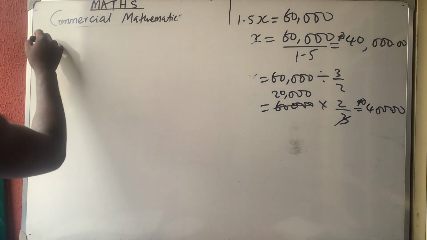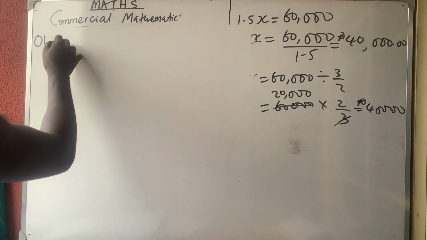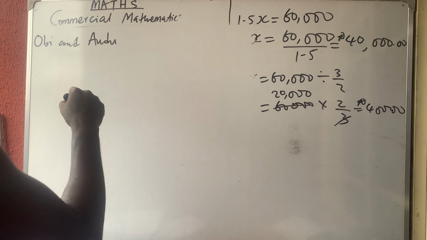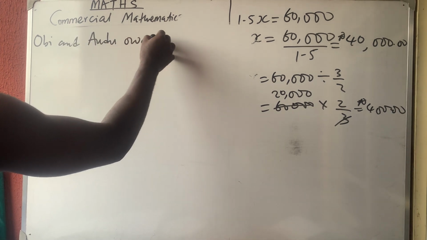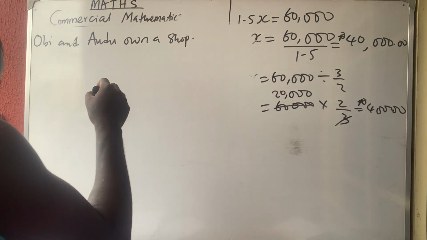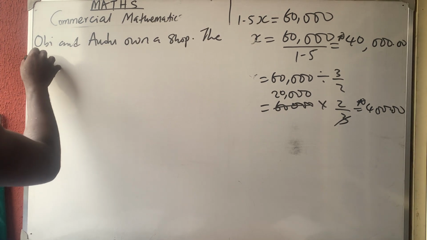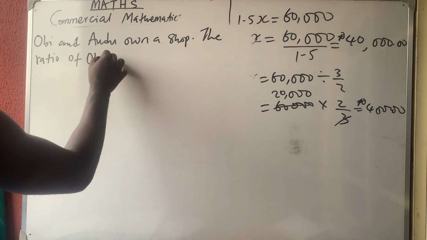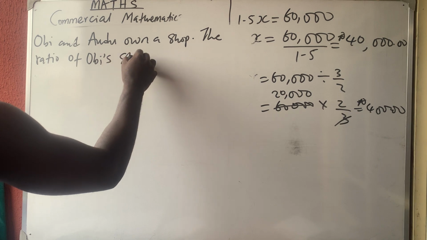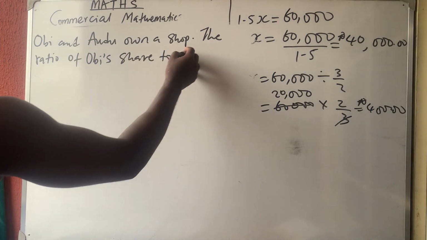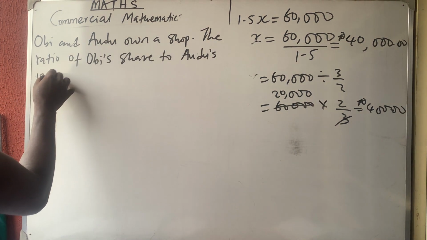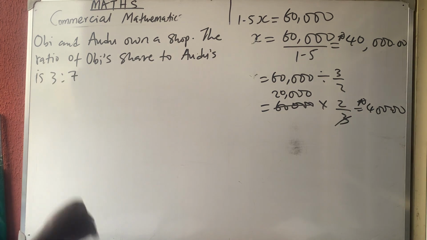We move ahead. The next one said Obi and Audu own a shop. The ratio of Obi's share to Audu's is 13:7.